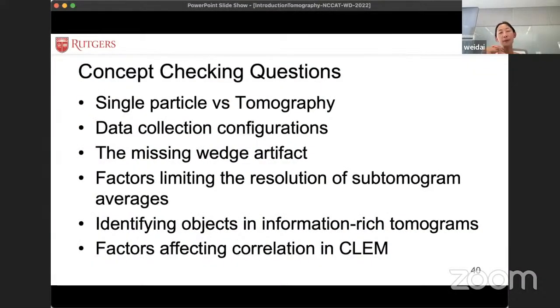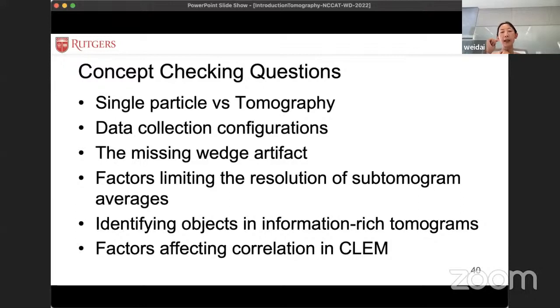So basically, these are several questions I think we can think about when you're performing your own project, right? For example, if you want to understand the structure of your favorite protein complex, depending on the nature of your sample, you can make the decision whether single particle or tomography followed by subtomogram averaging might be a better option for you.